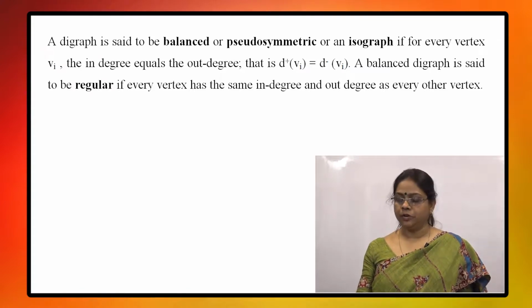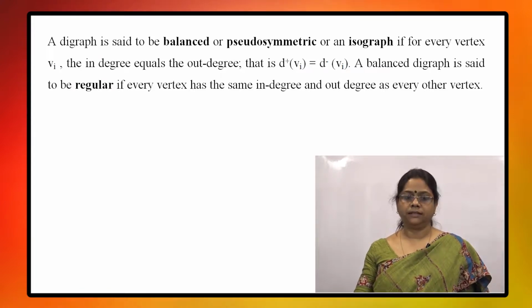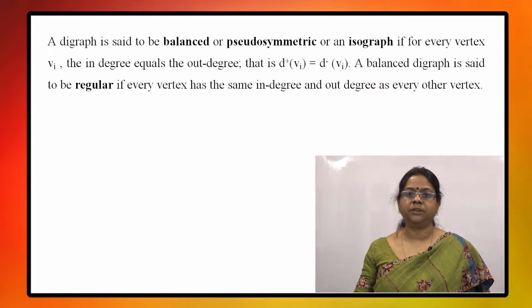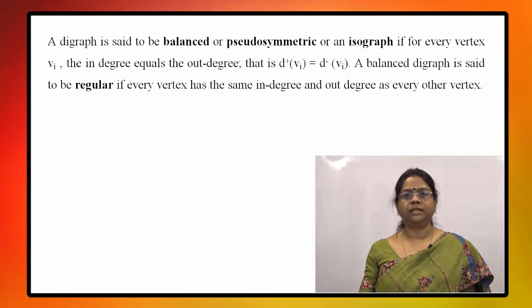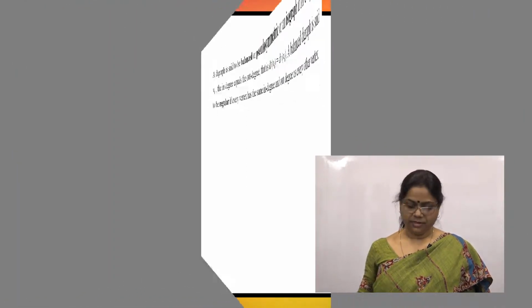This is true for each vertex, that the in degree is equal to the out degree, d plus vi equal to d minus vi. And a balanced digraph is said to be regular if every vertex has the same in degree and out degree as every other vertex. Then it is said to be regular.